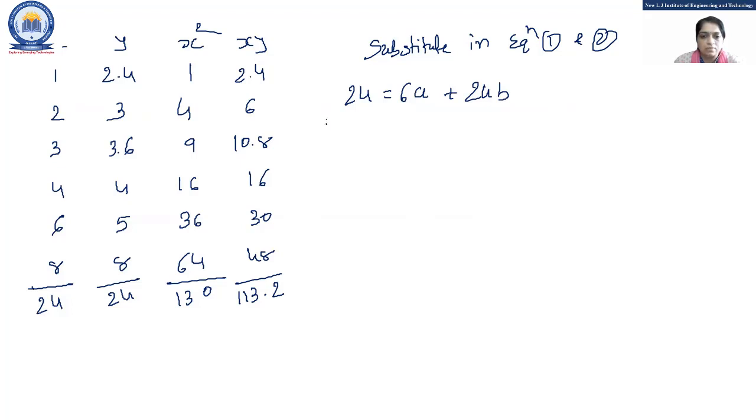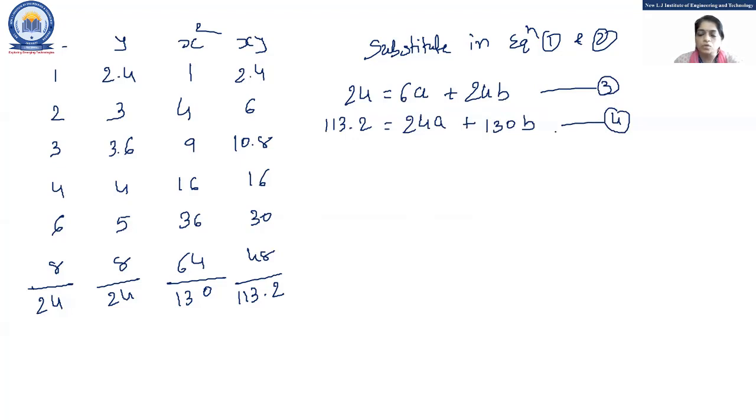Similarly, for the second equation, 113.2 equals 24A plus 130B. And this is equation 3 and equation 4.